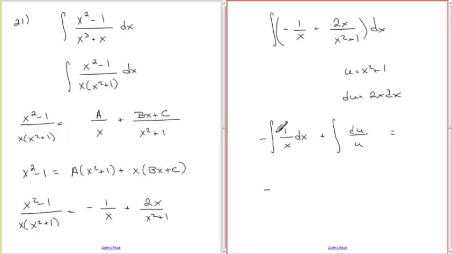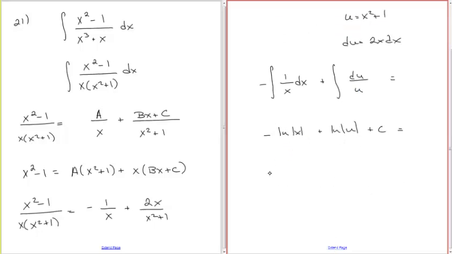So when we integrate it, this will become negative the natural log of the absolute value of x. This one will become the natural log of the absolute value of u. And we add our arbitrary constant c. Then we substitute u back in, so we'll have minus the natural log of the absolute value of x plus the natural log of the absolute value of x squared plus 1 plus c.